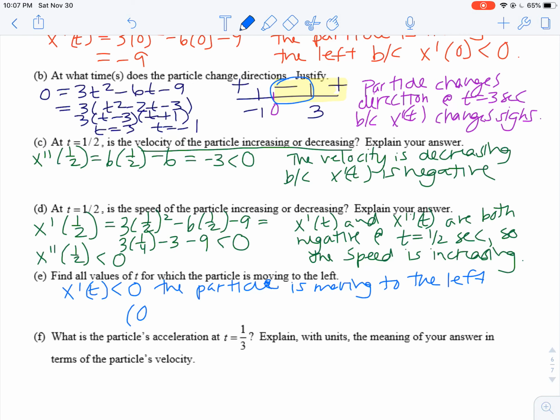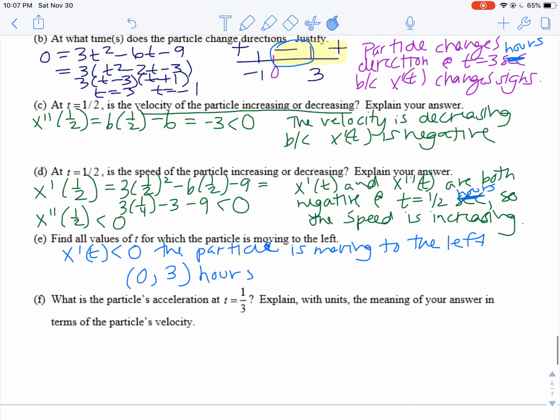And that is from 0 to 3 hours. Oh, I messed up, this should be hours right here instead of seconds. And this should be hours. Didn't realize that we were doing hours instead of seconds. Always read your directions.